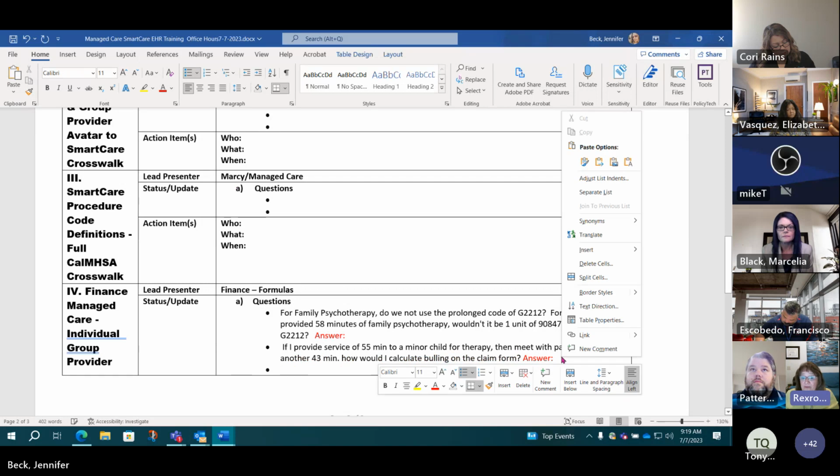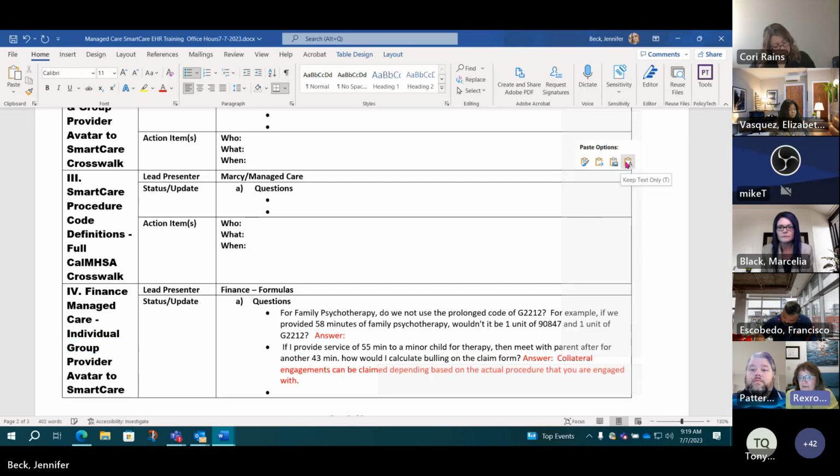And so that's how I would claim it, as 2 different services. And you're being very clear. And that would actually be 2 different progress notes as well, because you actually did 2 different things, 2 different procedures. So on the surface, that would be my recommendation for how you would claim that scenario.